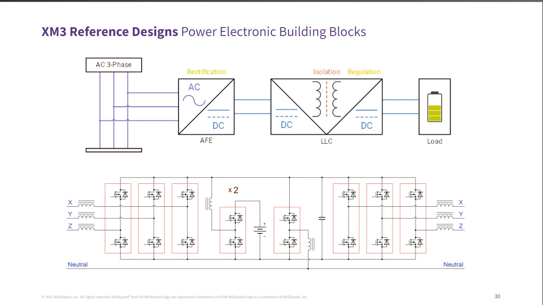Another application would be a double conversion UPS system, which was also covered in a previous webinar. The XM3 here could be used for the active front end on the front end, and then also the inverter, the grid tied inverter on the output.